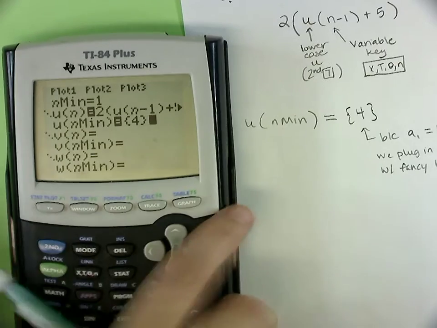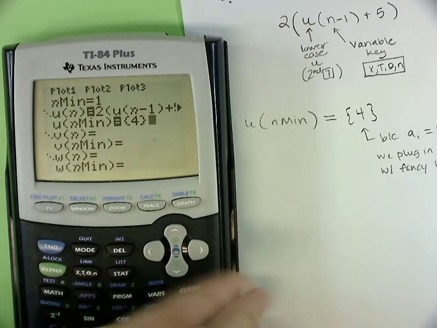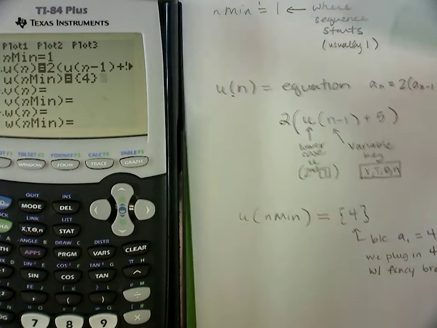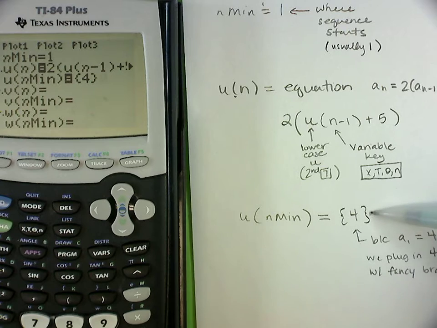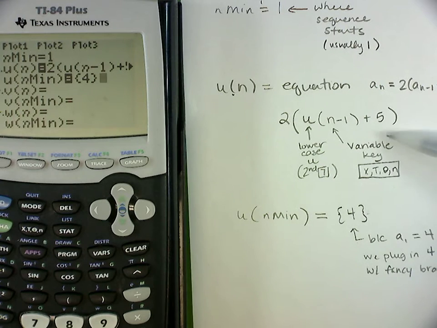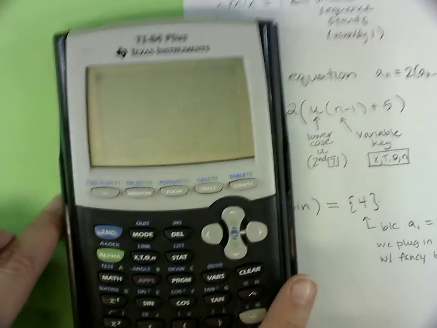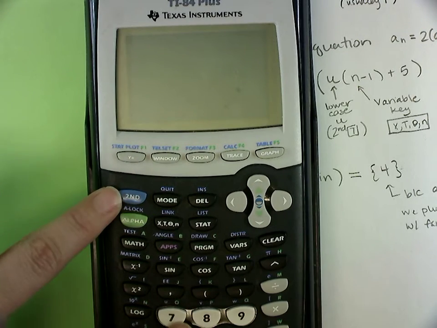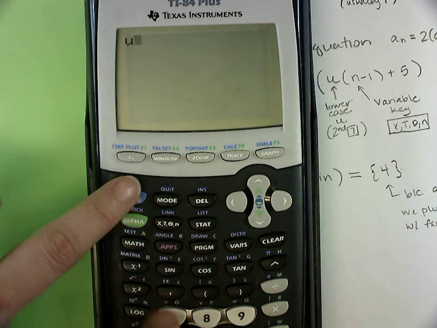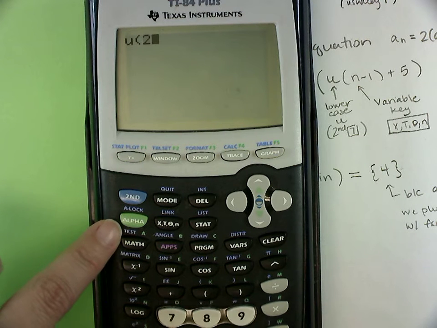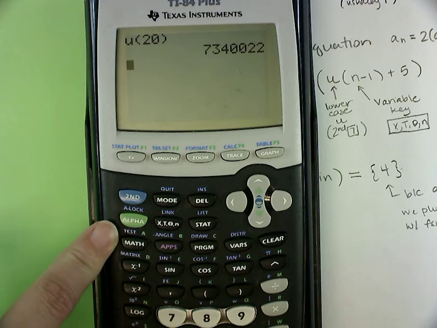So now we have told the calculator everything it needs. We told it that at 1, the output is going to be 4. This is the equation that we want to use. So now we can just go to second quit. And if I want to find u of 20 for the 20th term, I'm going to go to u, so second 7, of 20. Enter, bada bing, bada boom, there it is.